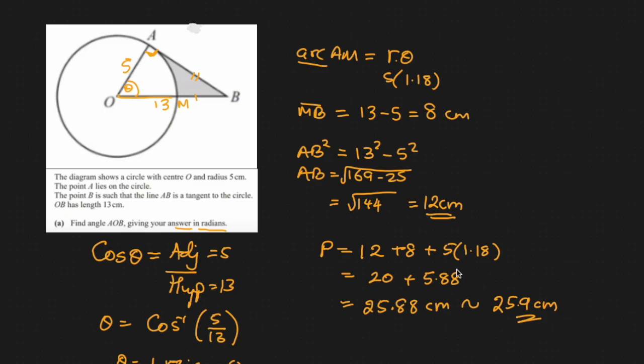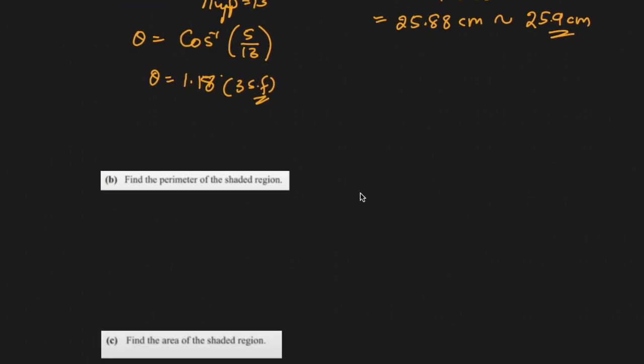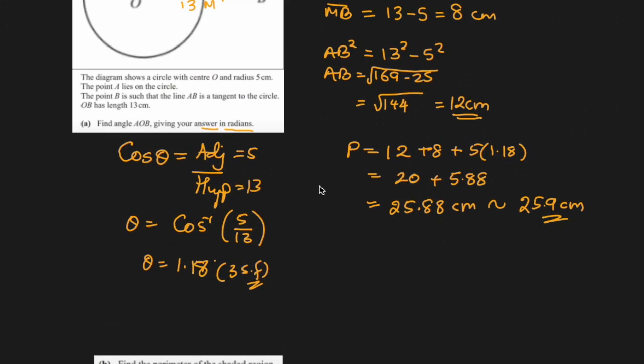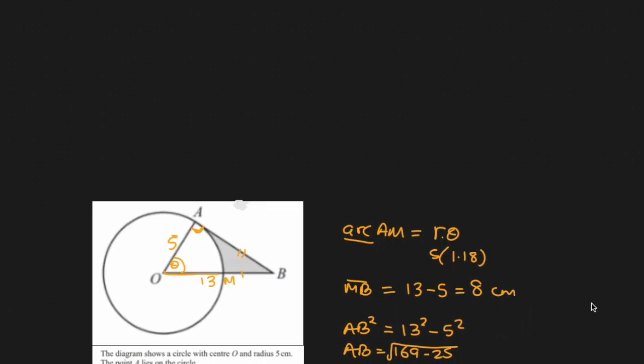All right, there should be a question based on the area of the shaded region, part C, and it's there. So the area of the shaded region will be what? I'll find the area of the triangle, this whole ABO.